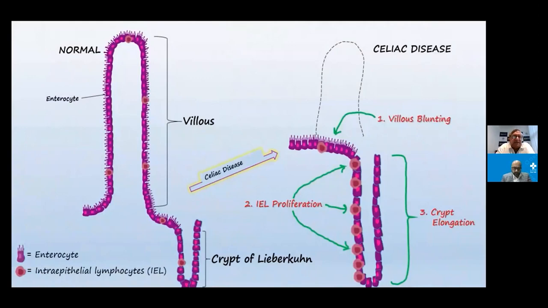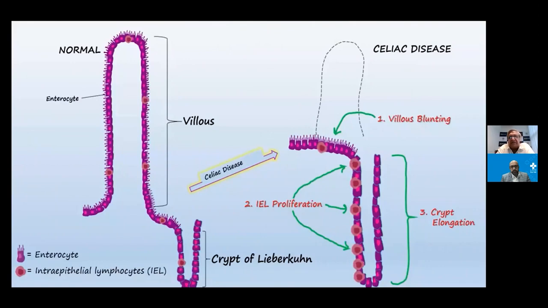The pathology of celiac disease can be appreciated on histopathology. When you look at normal crypts, you find that the small intestine has long villous projections and they have small crypts.